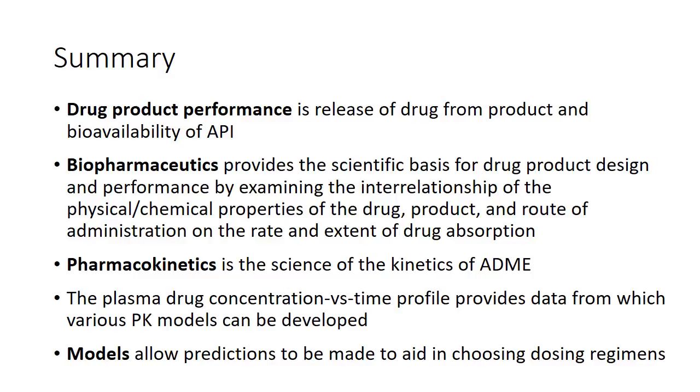Pharmacokinetics is the science of the kinetics of absorption, distribution, metabolism, and elimination. And really, elimination is pretty much made up of metabolism and excretion. The plasma drug concentration versus time profile provides data from which various pharmacokinetic models can be developed, and the purpose of models is to allow predictions to be made to aid in choosing dosing regimens.